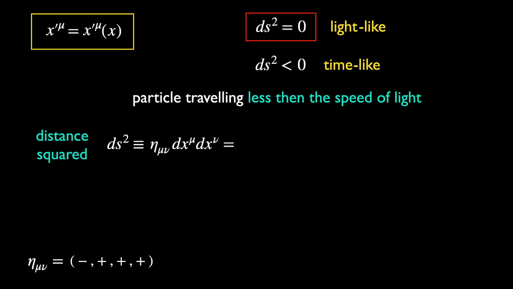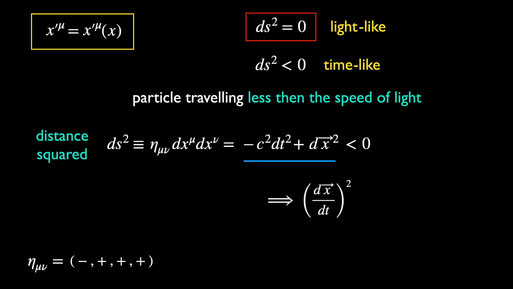This result is easily seen by expanding out the expression. It is called a time-like displacement because in order for ds squared to be less than 0, the time part has to dominate. It is important to note that ds squared is merely a notation for eta mu nu contracted with dx mu dx nu, since it is possible for it to be negative.